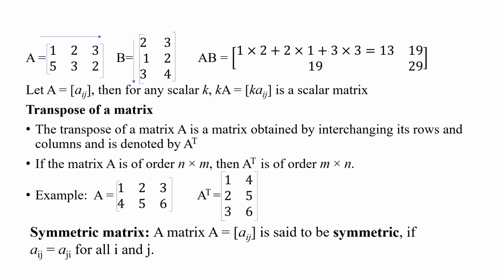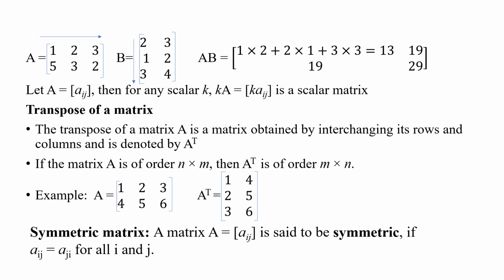The second row of A, 4, 5, 6, becomes the second column of A transpose. So I get the answer 1, 4, 2, 5, 3, 6 like this.